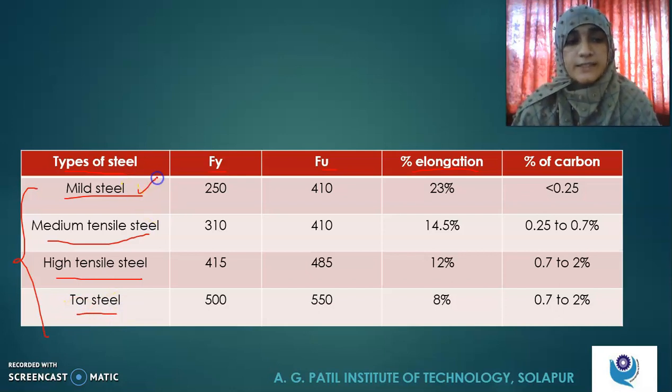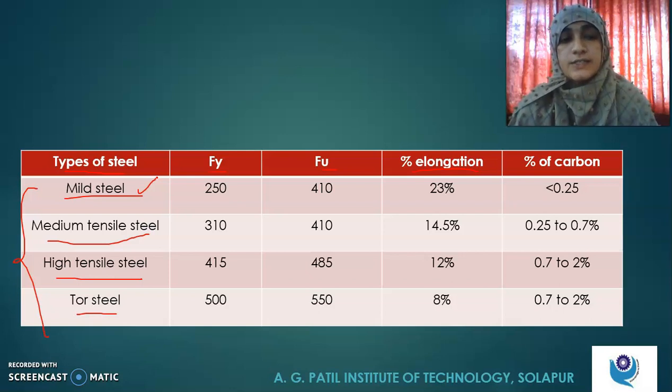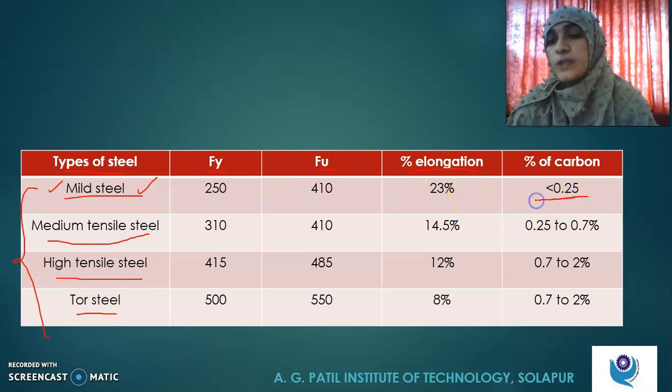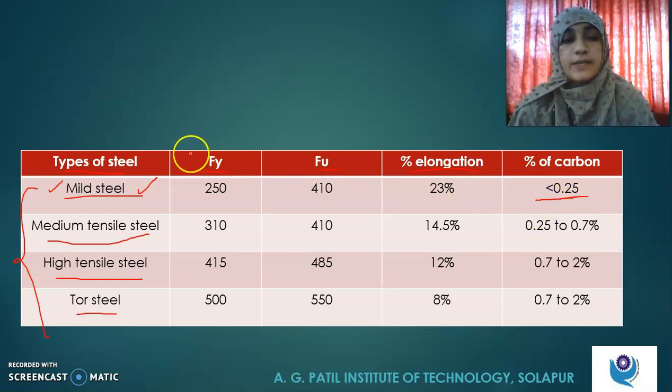What is mild steel? As we discussed earlier, steel means if the percentage of carbon content in steel is less than 2%, then the material is called steel. Mild steel means if the percentage of carbon is less than 0.25%, then the material is called mild steel.